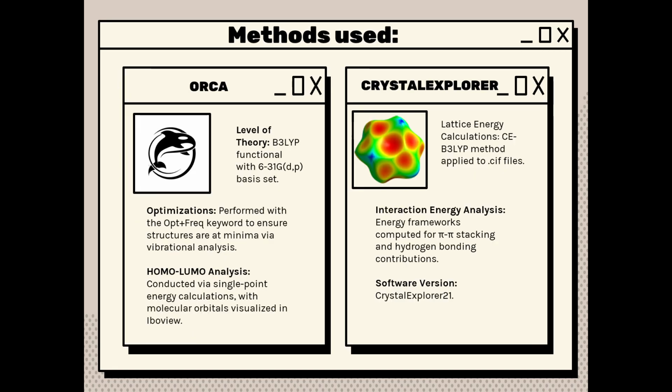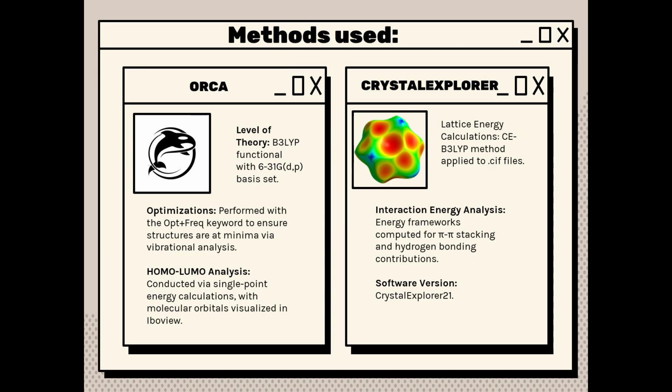For my research, I used two computational tools, ORCA and CrystalExplorer. With ORCA, I employed the B3LYP functional and the 6-31G(d,p) basis set. Geometry optimizations were performed using the optimization plus frequency keyword to ensure the structures were at energy minima, confirmed by the vibrational analysis.